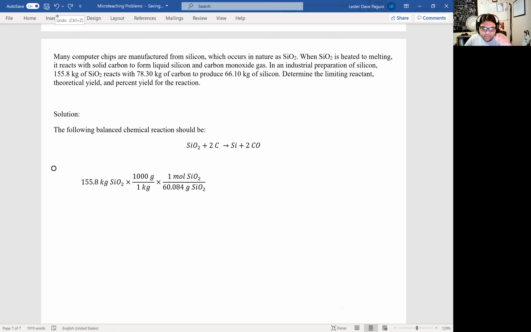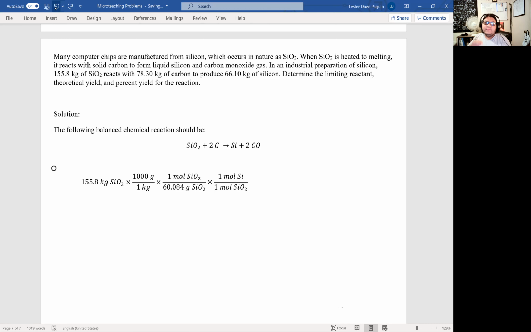So right now we have the moles of silicon oxide, and we would need to convert from moles of silicon oxide to moles of silicon. By looking at the ratio in the balanced chemical equation, we have 1 mole of silicon for every 1 mole of silicon oxide. So now we have the moles of silicon.